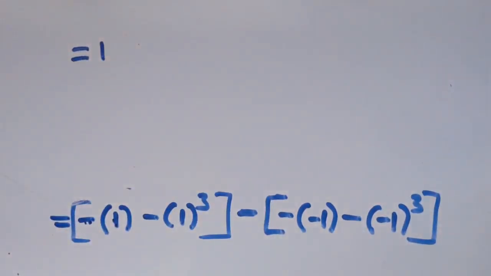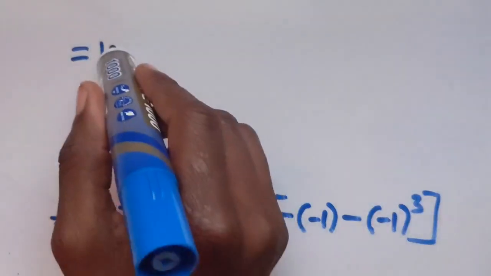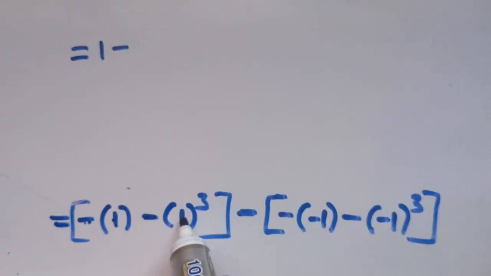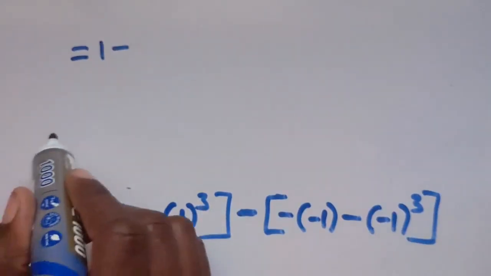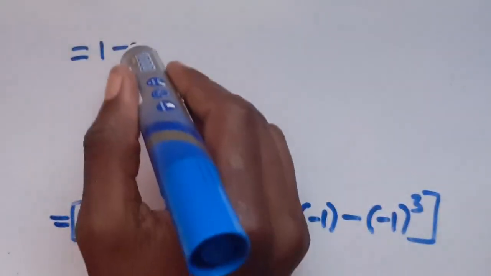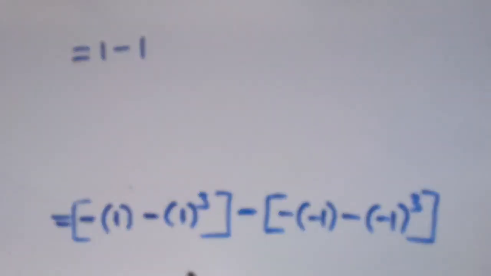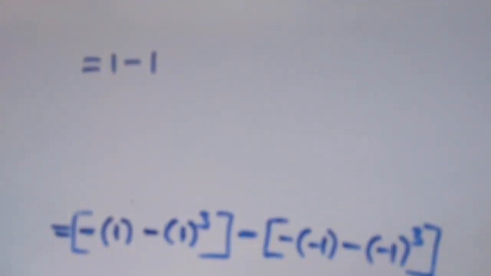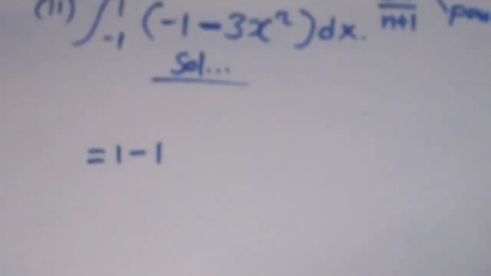Then we are going to have negative. There is a negative here. And if you look at this, this is 1. 1 to the power 3, it is just 1. Are we together?